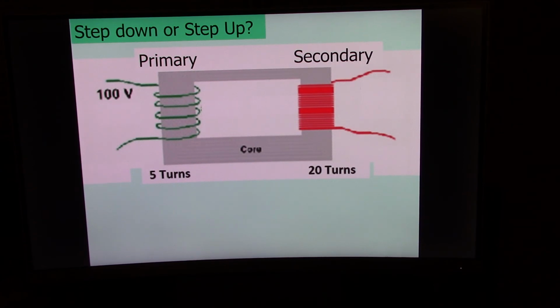What that means is that the output voltage will be 4 times greater than the input voltage, right? Because it's the ratio 5:20. So if this is 100 volts, if it's 20 turns, then it'll be 400 volts out here.